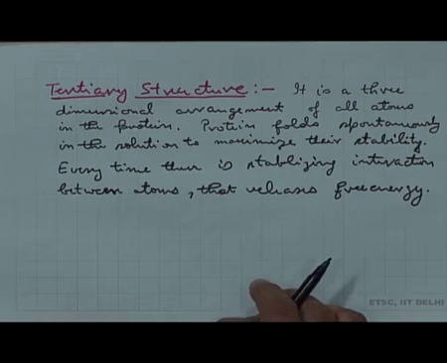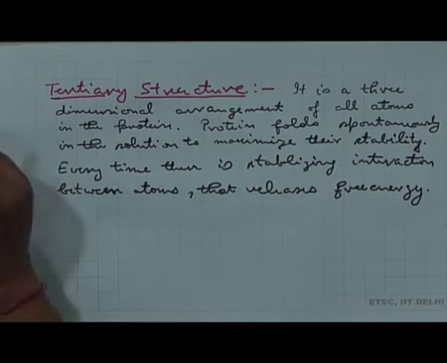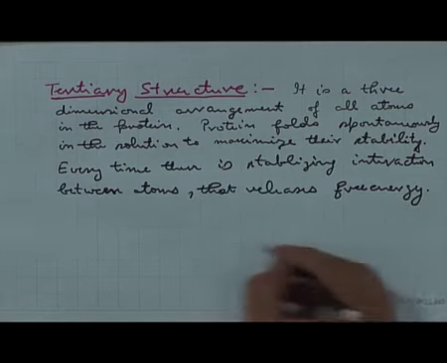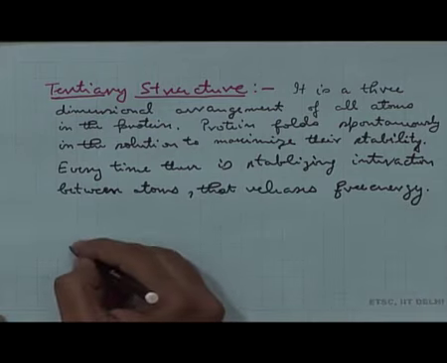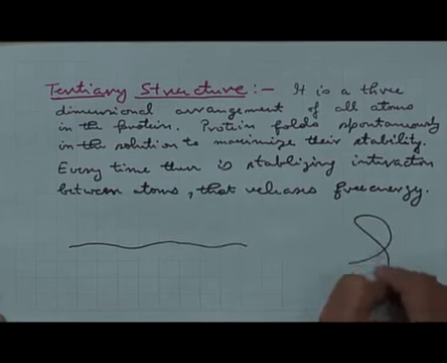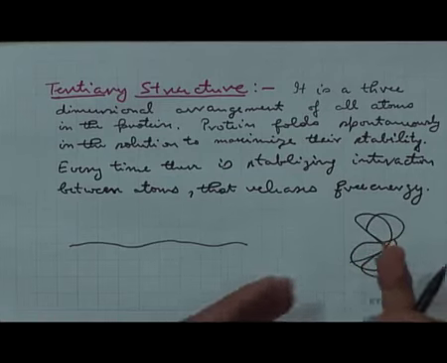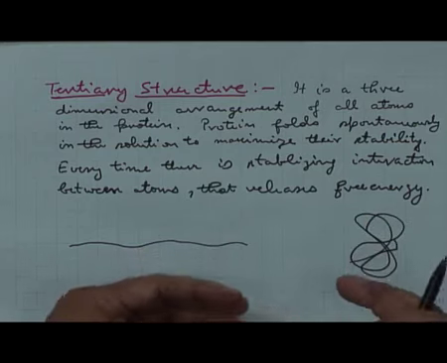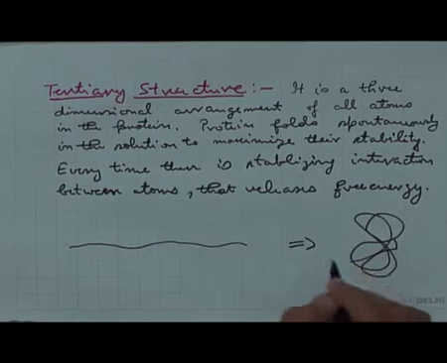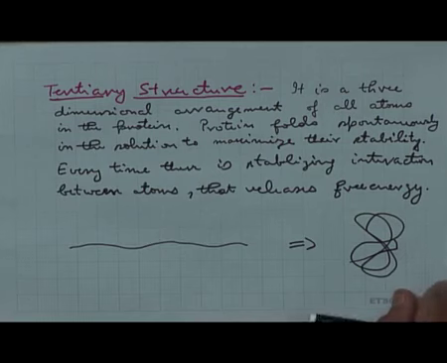And the more free energy is released, the more stable the protein is. So if you have a linear structure, and it gets folded, these foldings provide a maximum possibility of bonding in the same peptide chain, and that is how it gets stabilized.